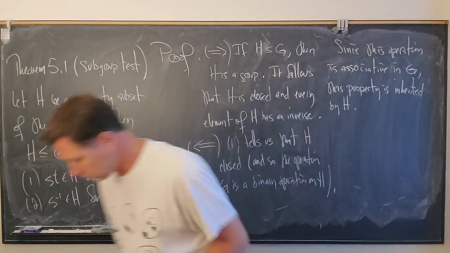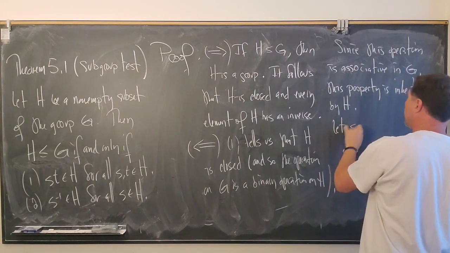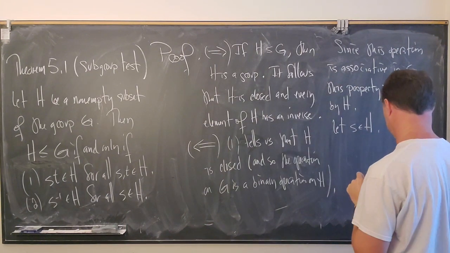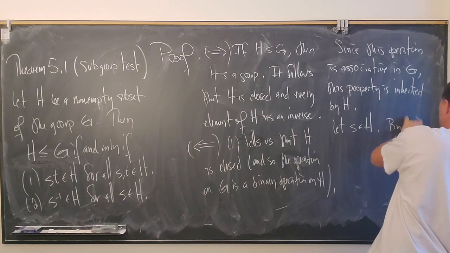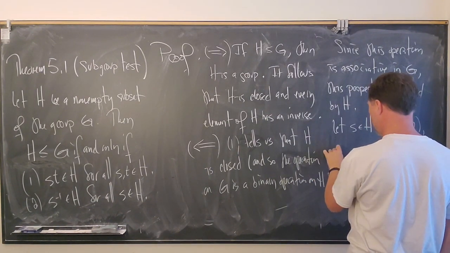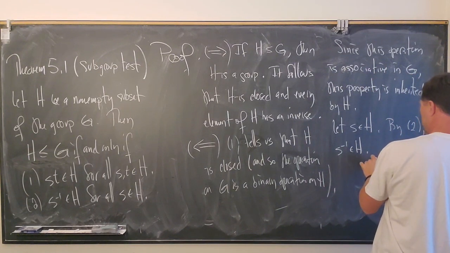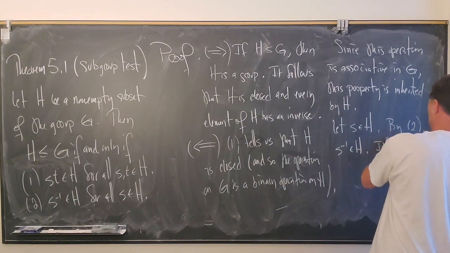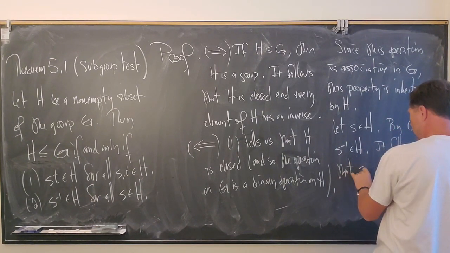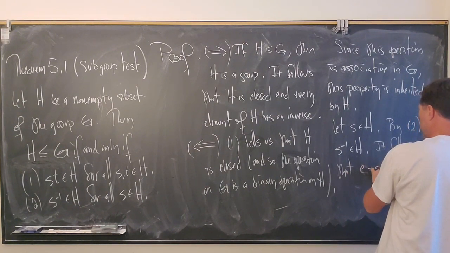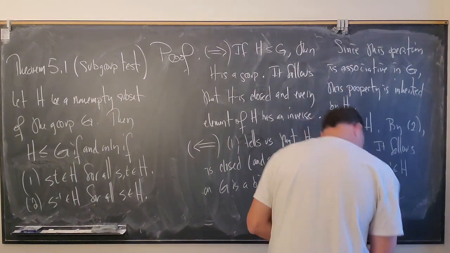Let's see. Oh, right. So let little s be an element of H. By property 2, S inverse is an element of H. So it follows that, let's write it this way, that E, which is S times S inverse, is an element of H by property 1.